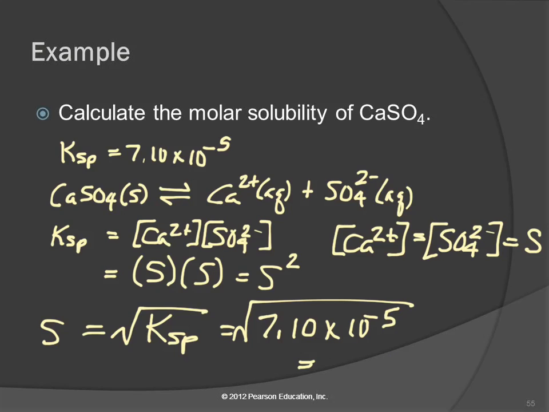But it does demonstrate why it's good to show your work, because then you can go back and see what you did that was incorrect. So 8.43 times 10 to the minus 3rd moles per liter. Thank you for asking. Any other questions?